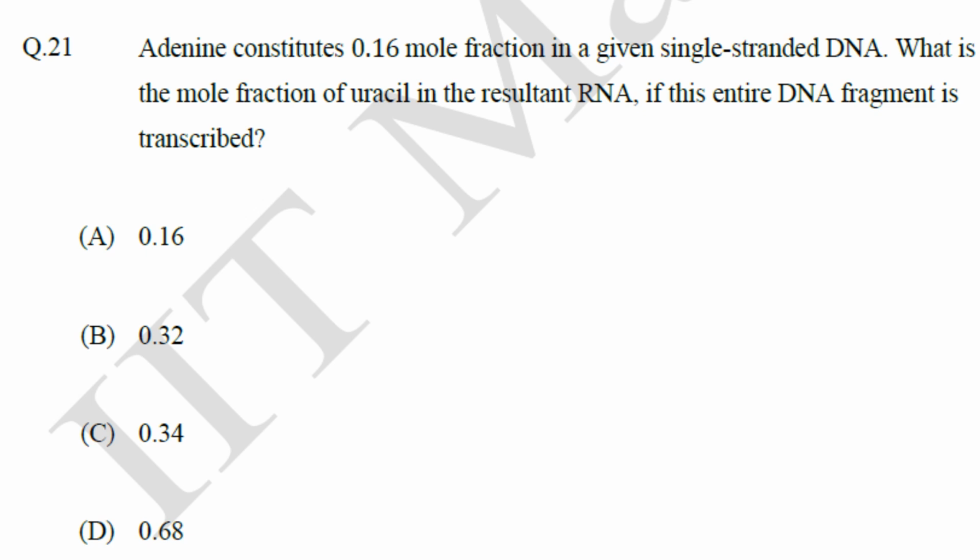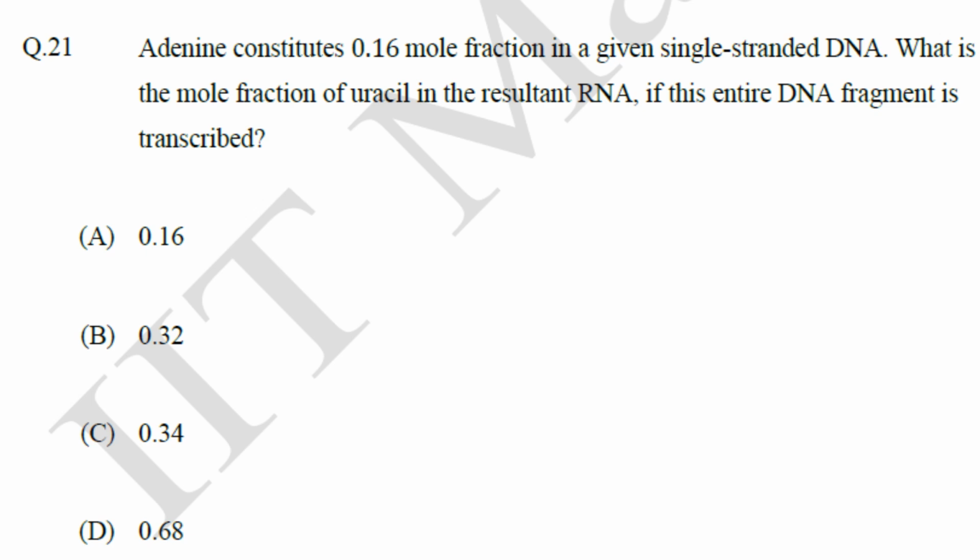Next one. Adenine constitutes 0.16 mole fraction in a given single-stranded DNA. What is the mole fraction of uracil in the resultant RNA if this entire DNA fragment is transcribed? Now adenine base pairs with uracil as well as thymine.